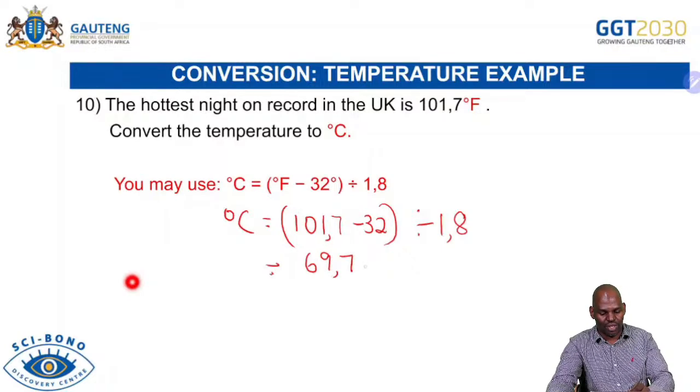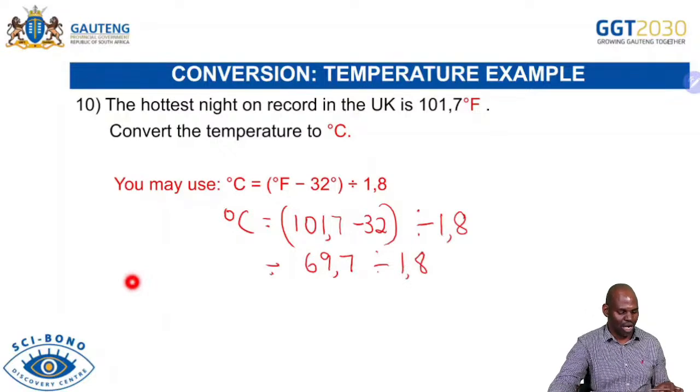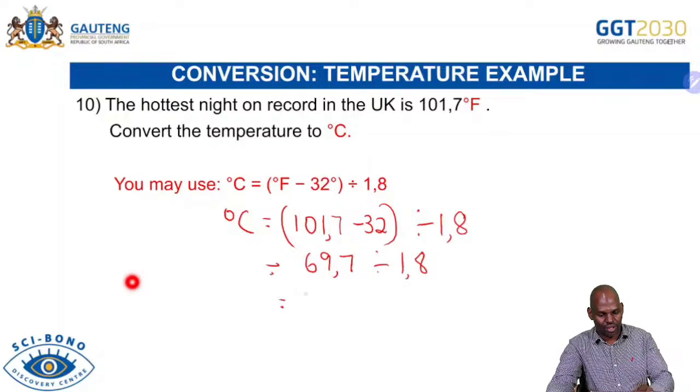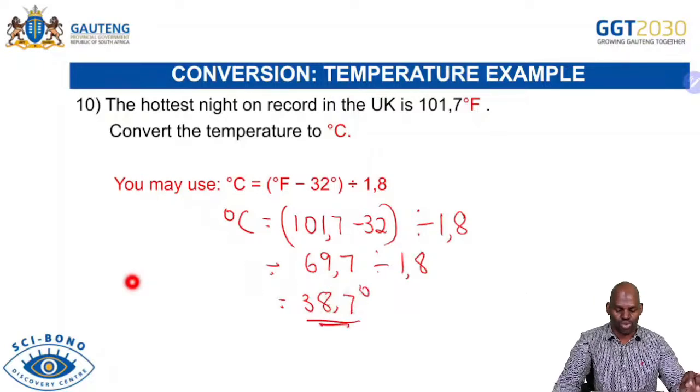Then we divide 69.7 by 1.8, which gives us 38.7 degrees Celsius. So that is the hottest night, 38.7 degrees Celsius.